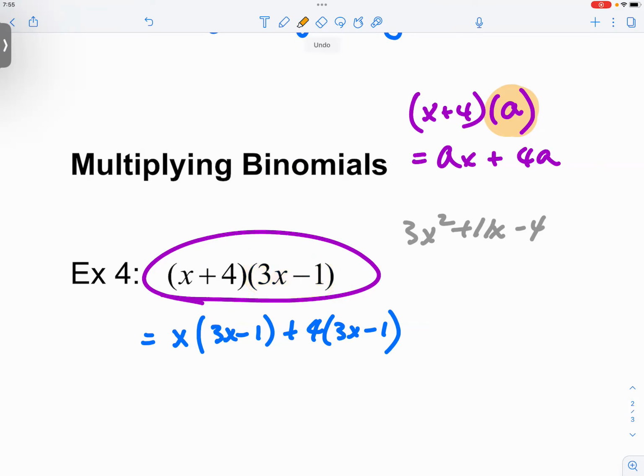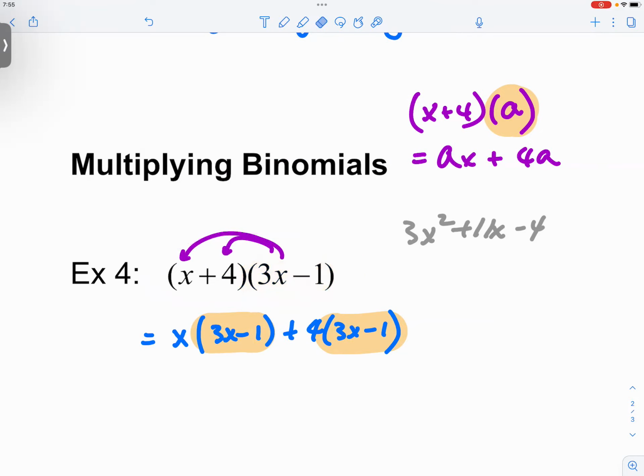So that's why we have 3x minus 1 times x, and then 3x minus 1 times 4. So you have to treat this thing right here as a single entity, and then imagine how this got distributed into this parentheses. Now, this is not the only way you can look at it. You can also look at it in a different way.